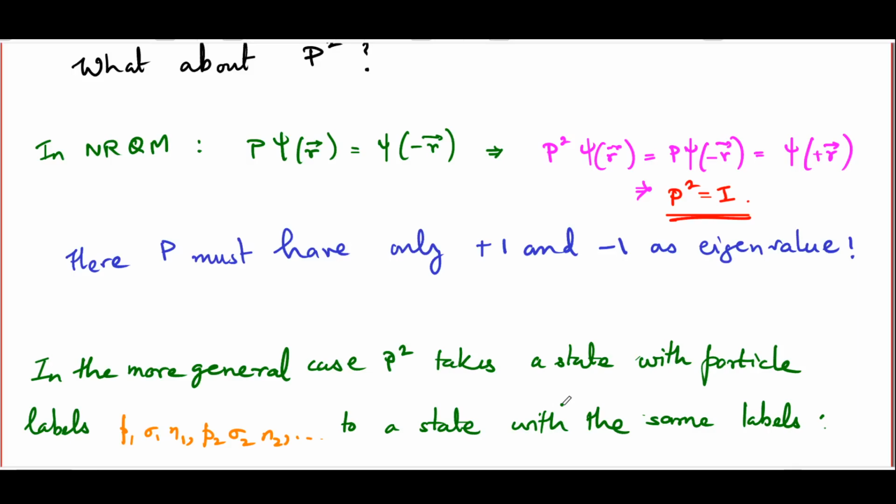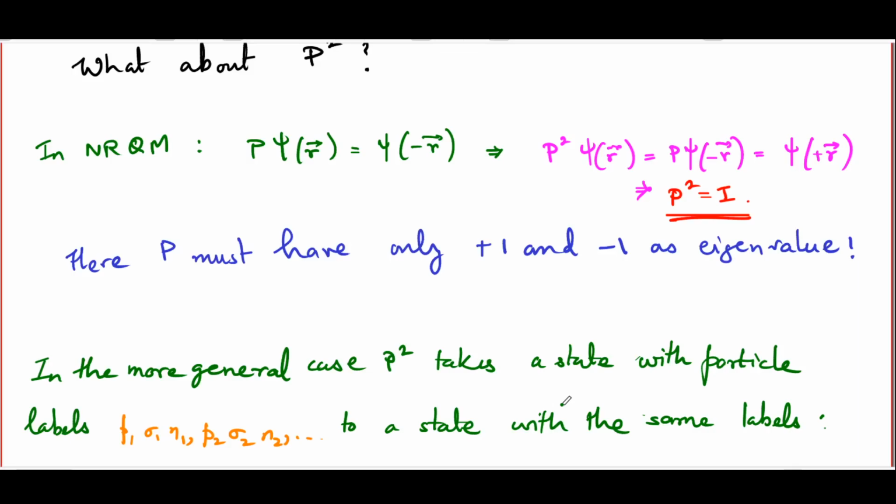The parity operation acts on the 4 momentum twice, and that of course returns you the original 4 momenta. The other labels, sigma and n, were not affected by the parity operation in the first place. So P square essentially acts like an internal symmetry operation, an operation in which the 4 momentum or helicity labels do not change.